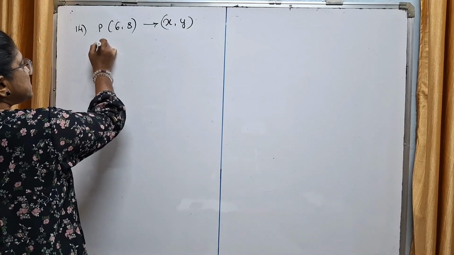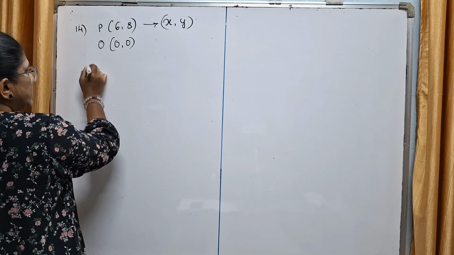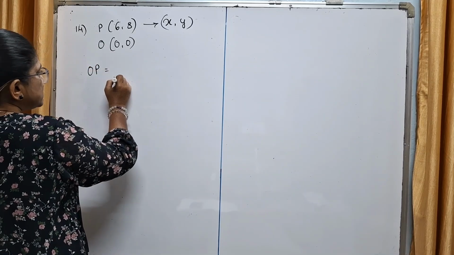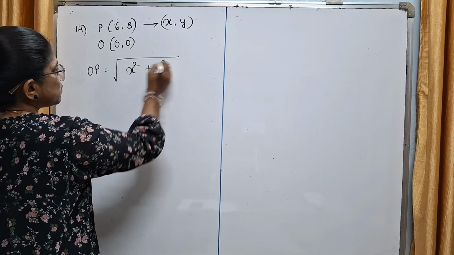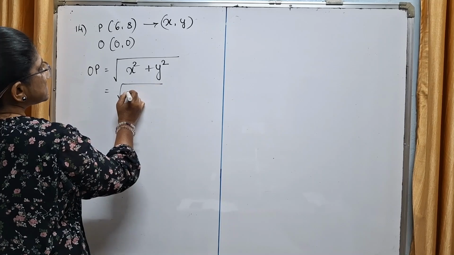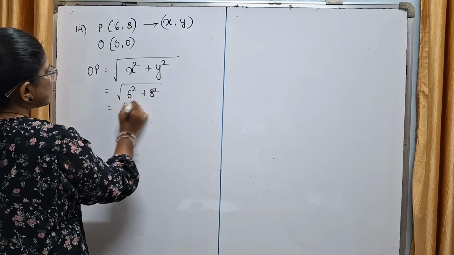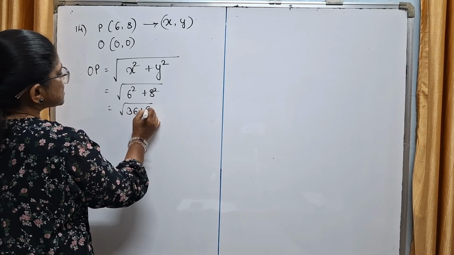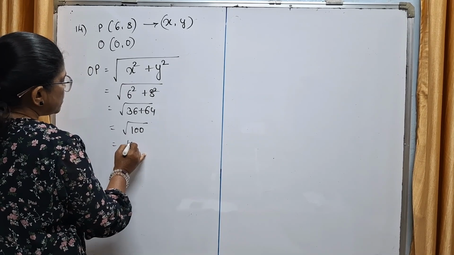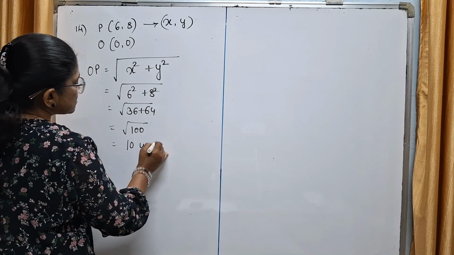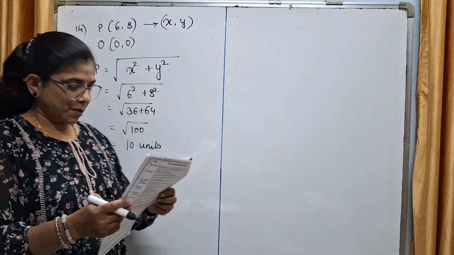We know that distance from origin, if O is (0, 0), we have directly the formula to find distance of the point from origin, that is root of x square plus y square. So in this case it is 6 square plus 8 square, which is 36 plus 64. This is equal to 100 and square root of 100 is 10. So distance of point P from origin is 10 units.